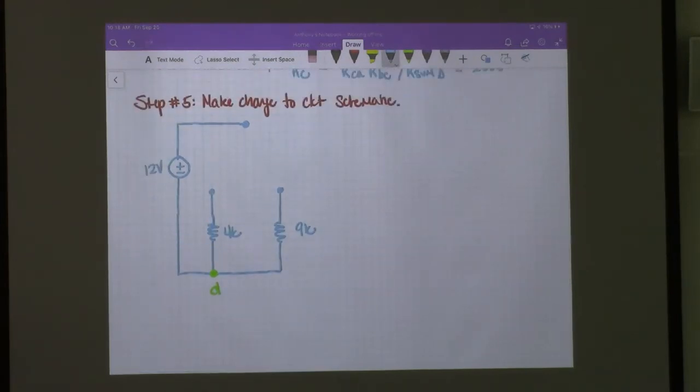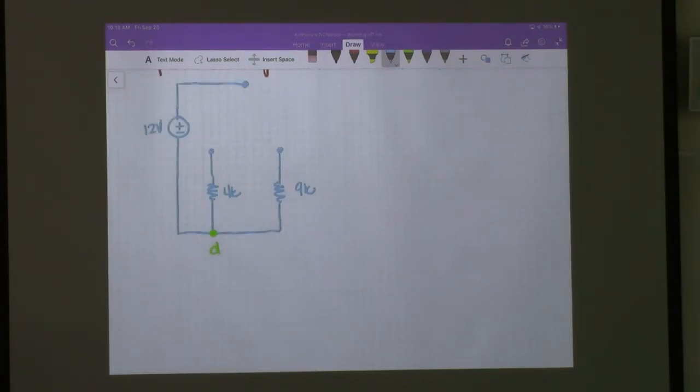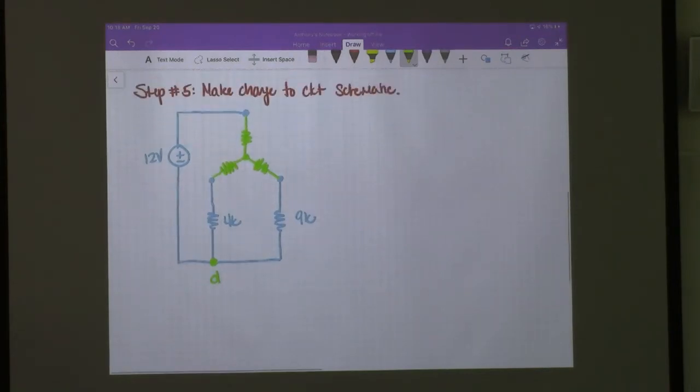But now we have to put in a Y where we once had a delta. I didn't leave myself necessarily enough room, but we'll squeeze it in there. So now we still have our node A, node B, and node C. We actually have a new node, which is the center of all of them.